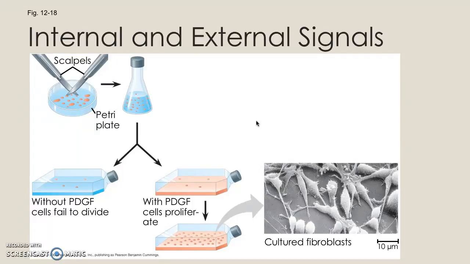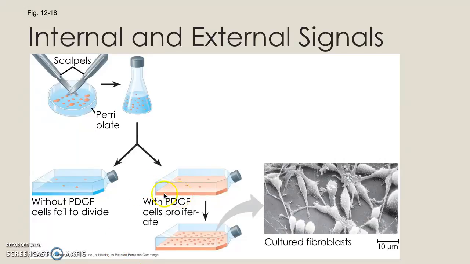This picture here is actually an example of an external signal, because here you can see there's just skin tissue, and it is added to these little tubes, and one is given a nutrient called PDGF, and one is not given PDGF.